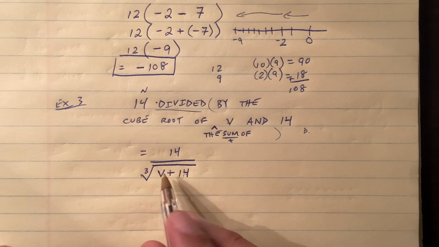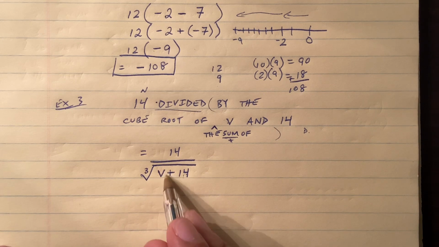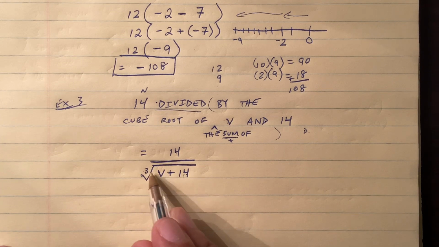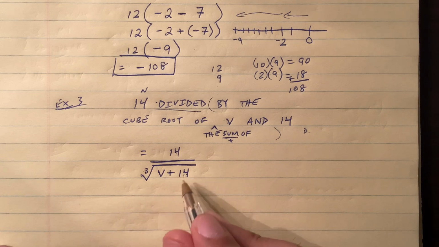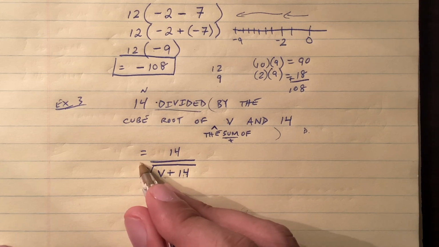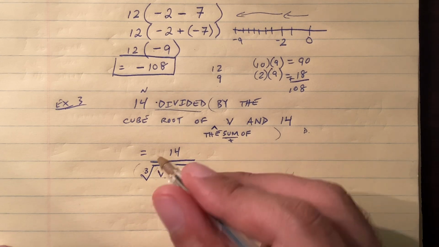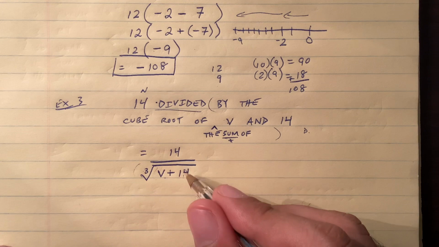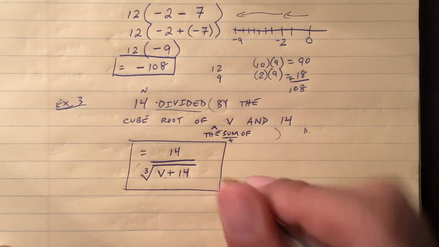Whatever we add to 14, when we eventually are told what v is equal to, we're still going to have to take the cube root of that. This belongs to the stuff in the denominator within the cube root, so we are not allowed to simplify the 14 and the 14. So this is our final simplified answer.